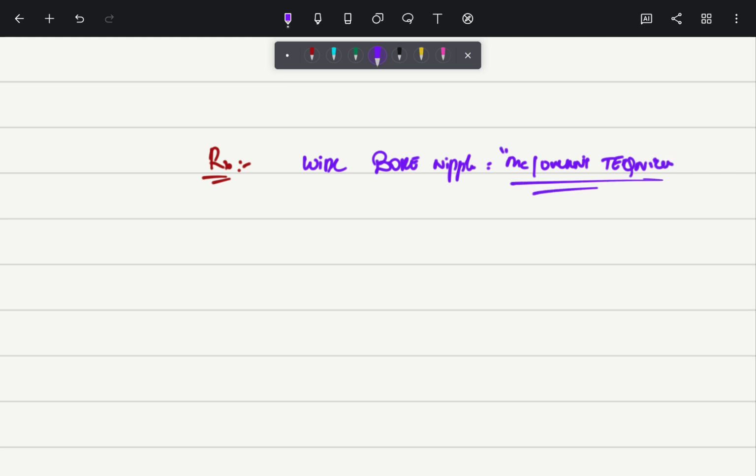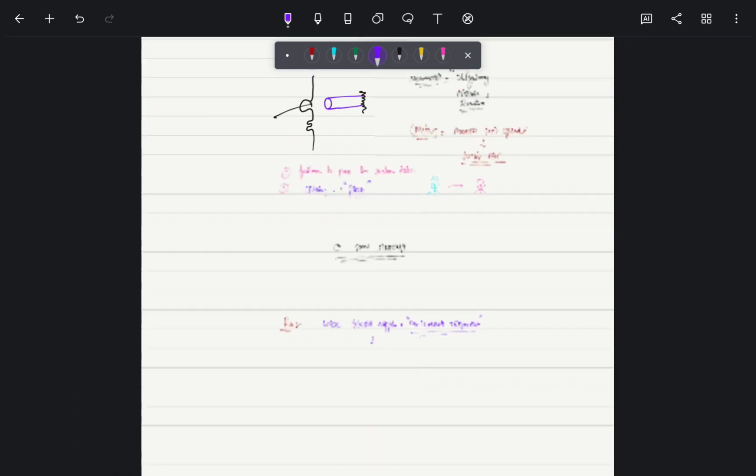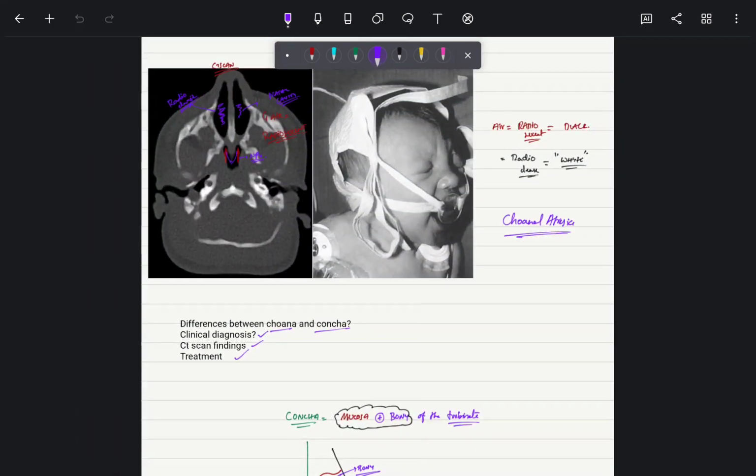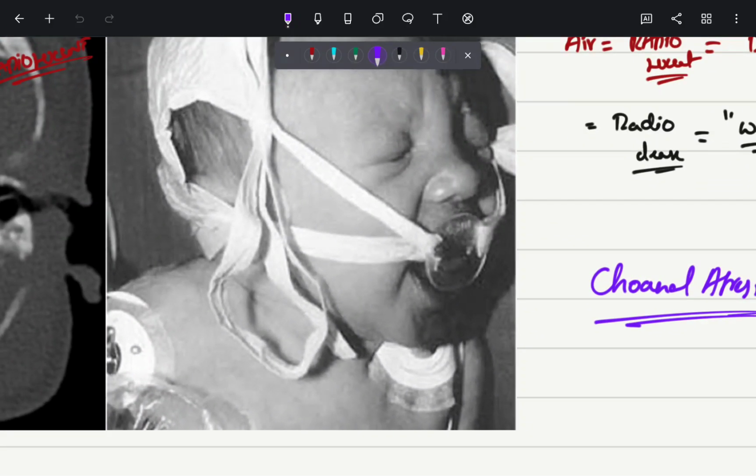In this, we usually keep the wide bore nipple in the patient's mouth so he can breathe through the oral cavity. Okay, so as you can see here, this is called McGovern's technique.